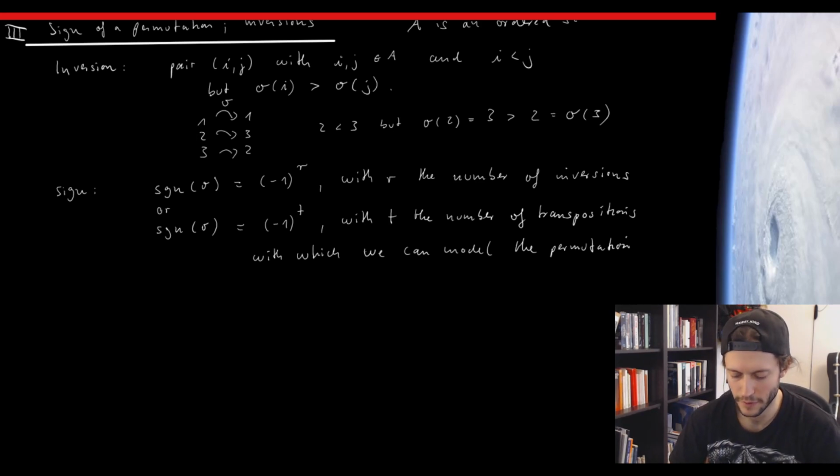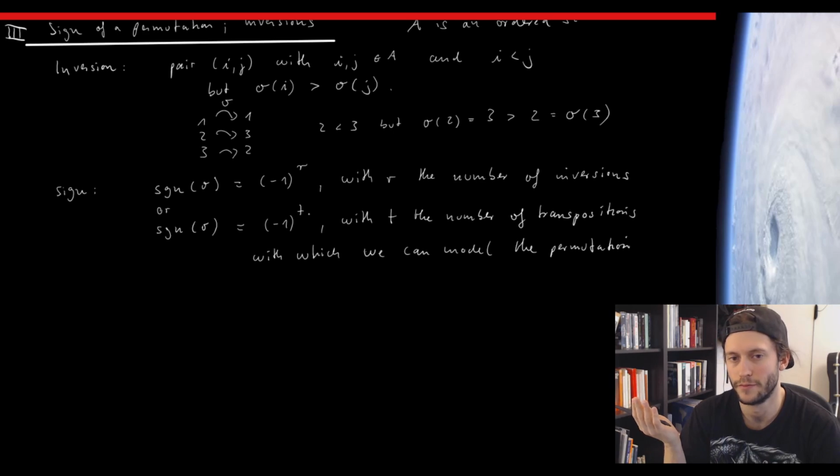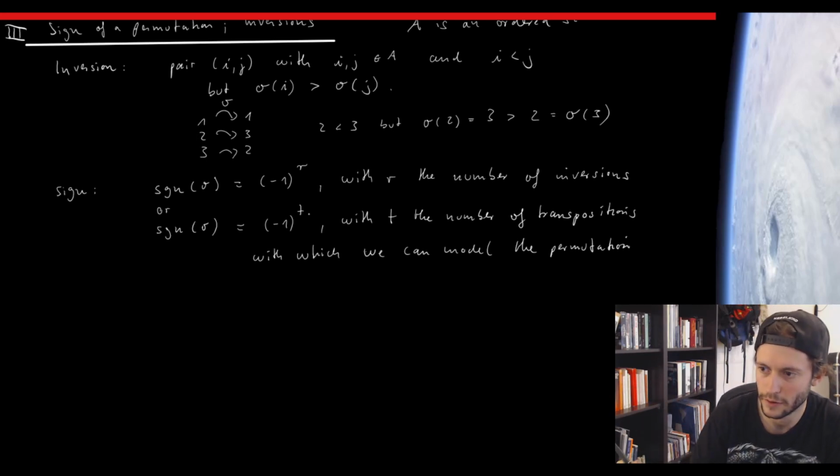And if this is an even number, then we get a plus sign for the permutation. And if it's uneven, or I mean odd, we get a minus sign. That's all. So let's see.